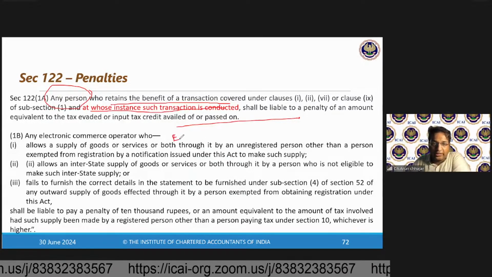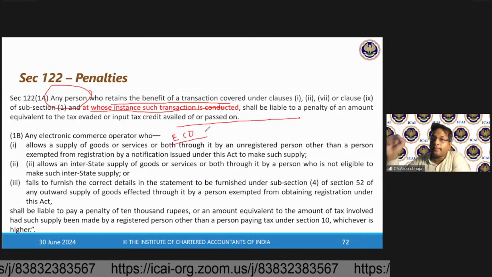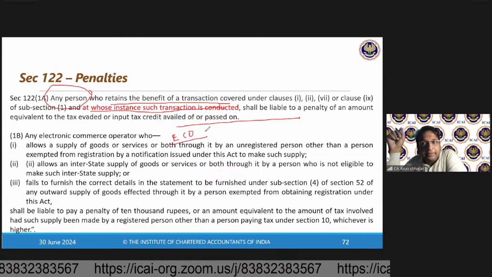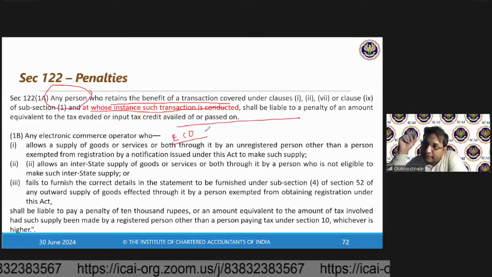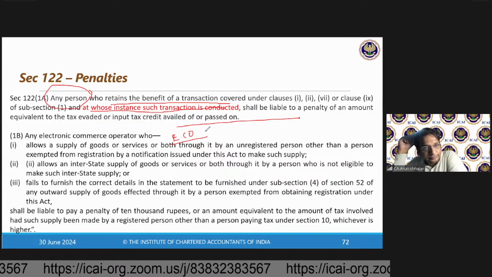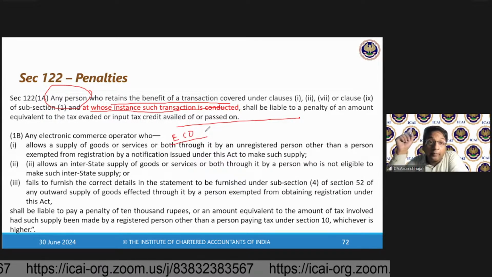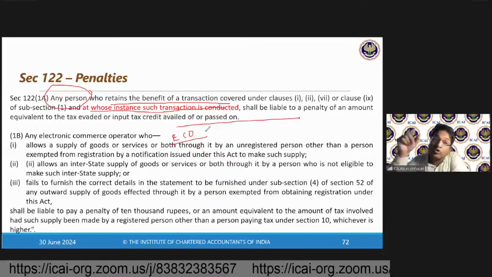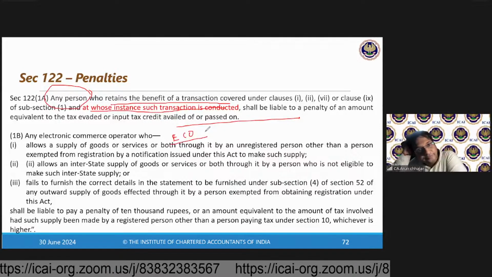The penalty on an e-commerce operator. Now we know that any person can make a supply through an ECO without taking a GST number. Second, composition dealers are being allowed to supply goods through an ECO.